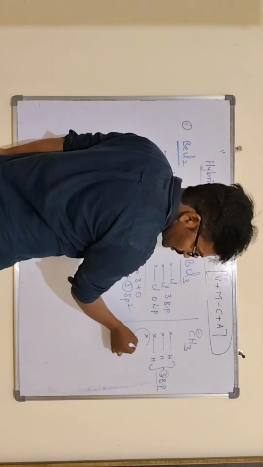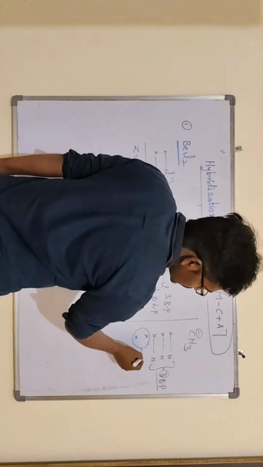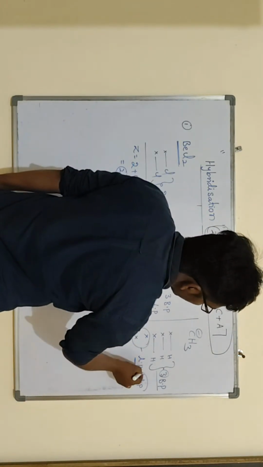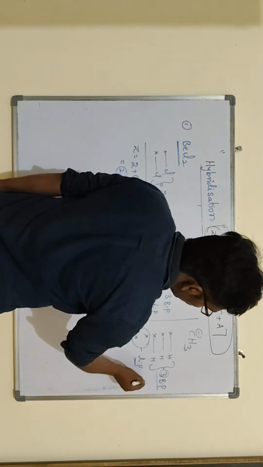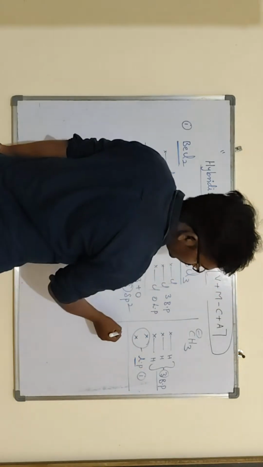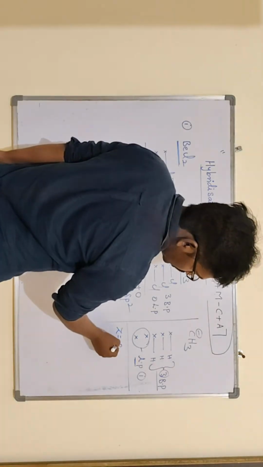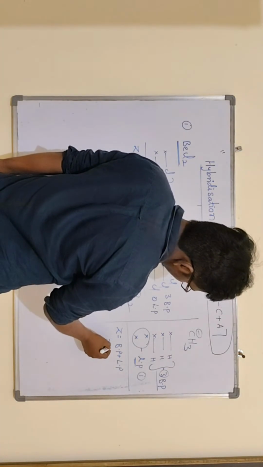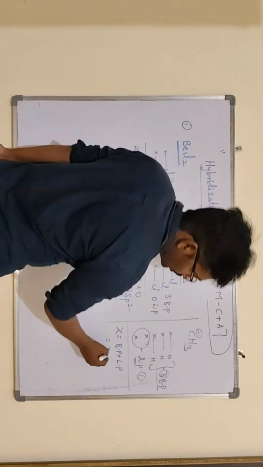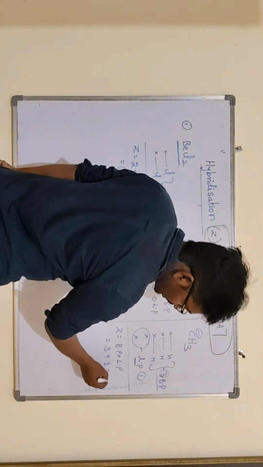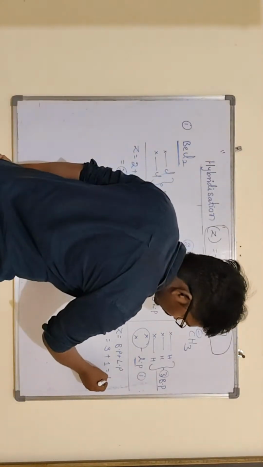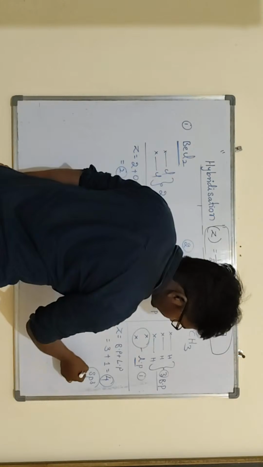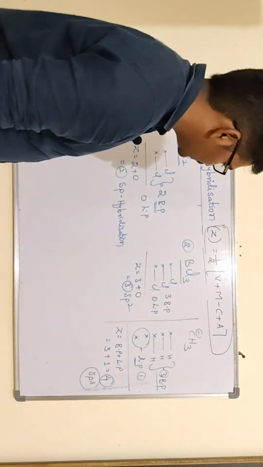Then the remaining 2 electrons we call a lone pair. One lone pair. So total Z value equals bond pairs plus lone pairs: 3 plus 1, we got 4. Once 4 is there, what is the hybridization? sp3 hybridization. Clear all of you?